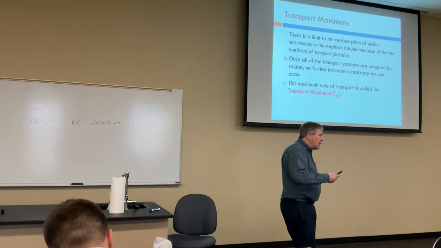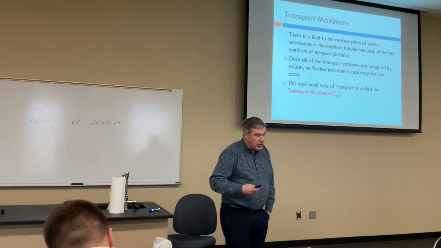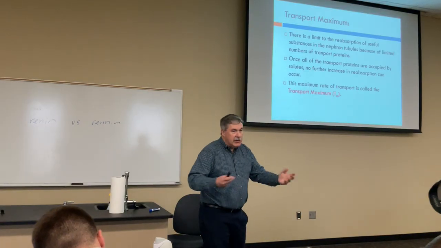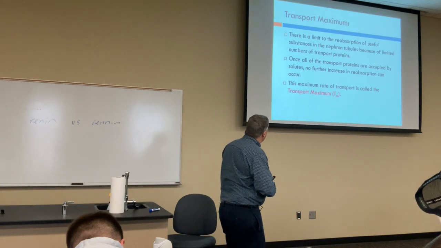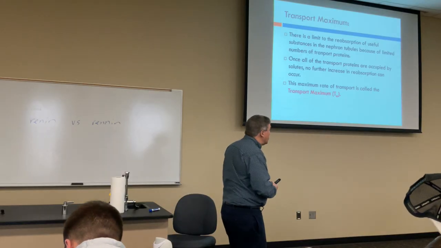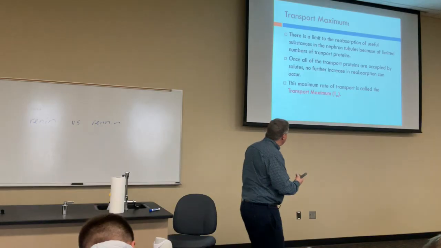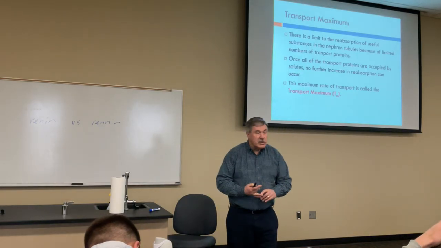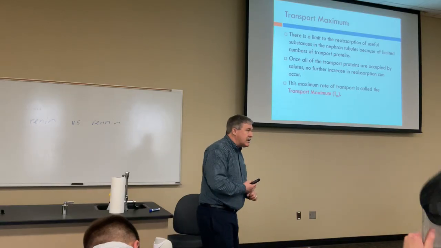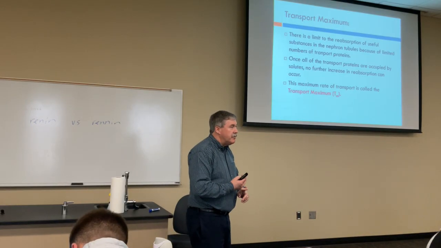Because once all of those symport proteins are being used to reabsorb glucose, then you can't reabsorb any more at a faster rate. And so for reabsorption of nutrients like glucose and amino acids, there's a maximum rate of transport that occurs, which is called the transport maximum for that particular molecule.